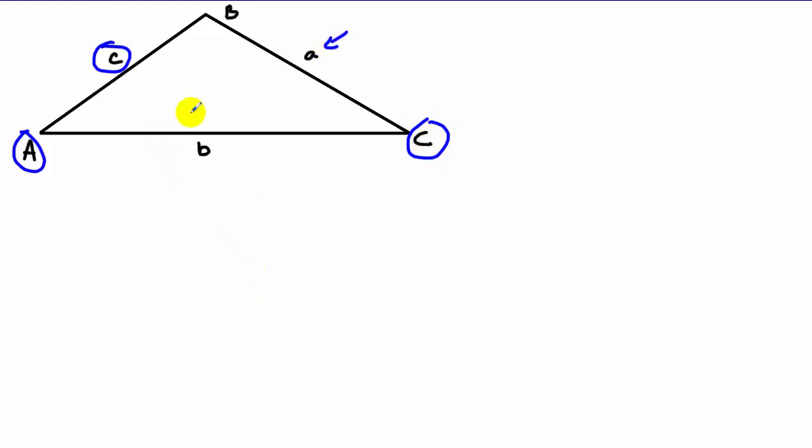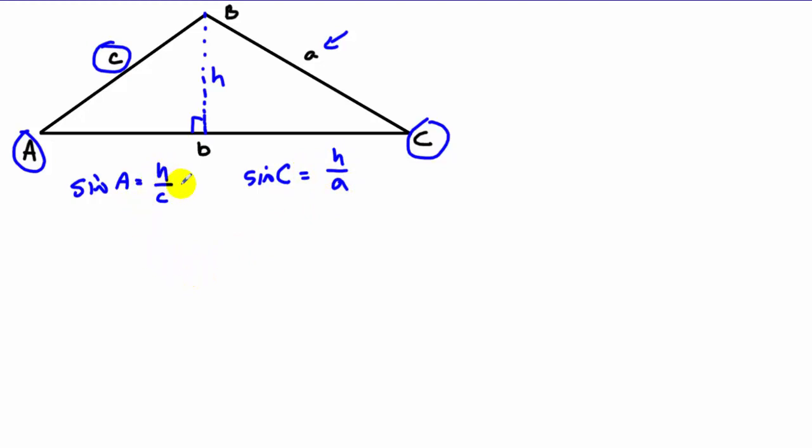Well, once again, we're going to deal with this the same way we did in the problem prior. We're going to draw an altitude, call this h. And now I could say the sine of A is equal to h over c, but I also know the sine of C is equal to h over a.